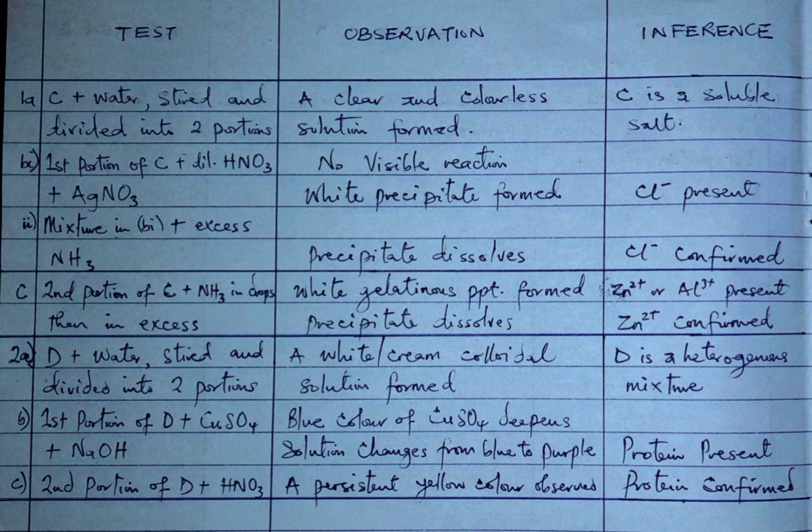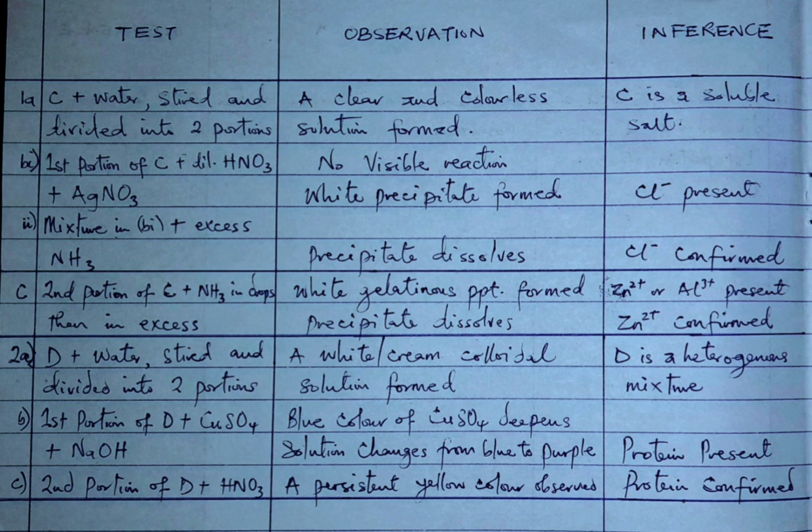What that means is that D is a heterogeneous mixture. Heterogeneous mixtures don't combine uniformly. They don't mix in such a way that you can't see the difference between the 2 or more components. But with this one, you see the particles inside. They are not totally mixed with the water to form a homogeneous mixture. So it's a heterogeneous mixture.